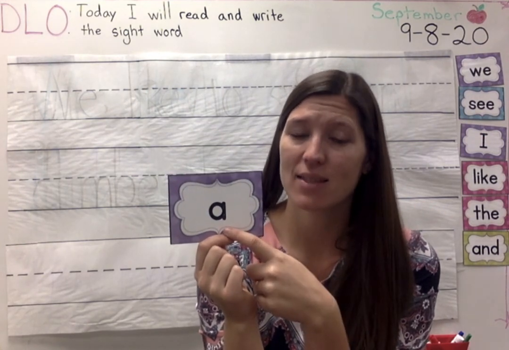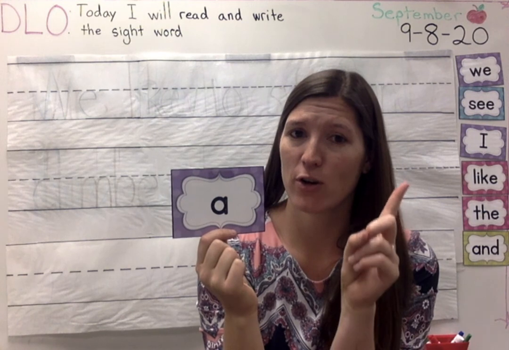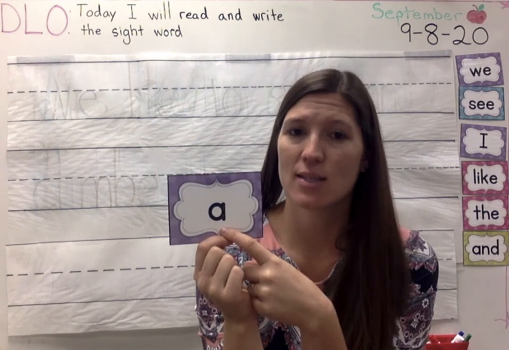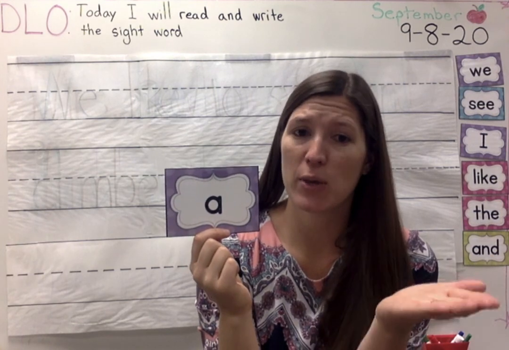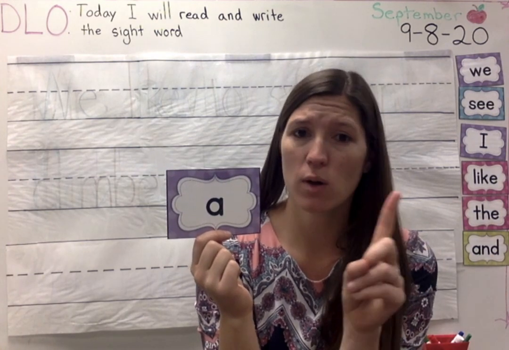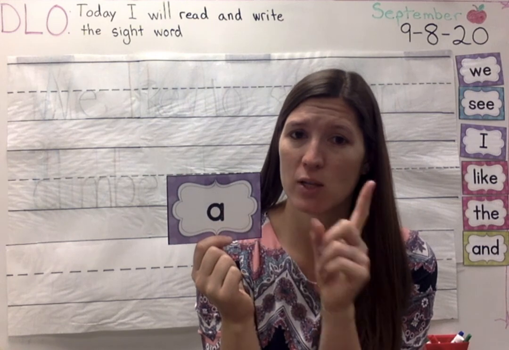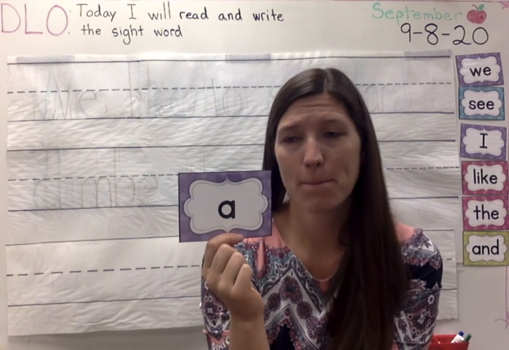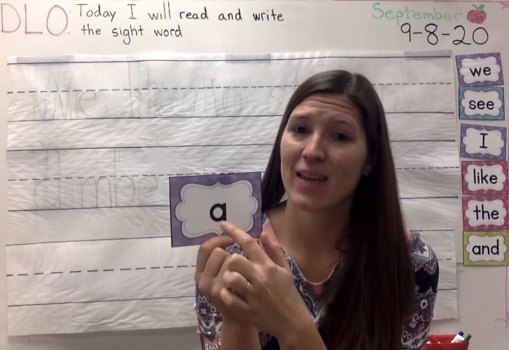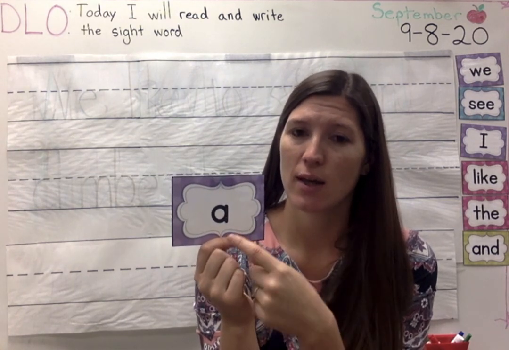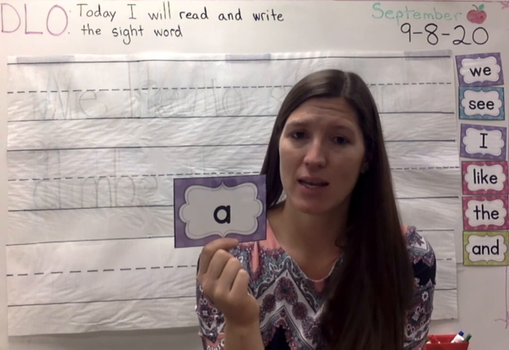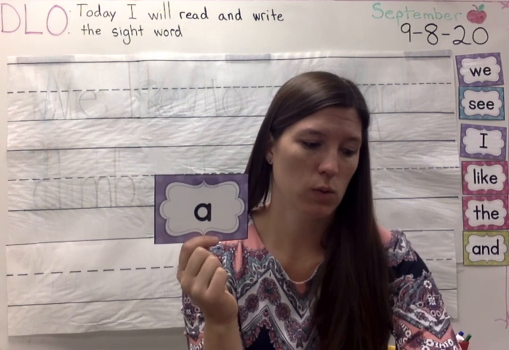Oh, A is a letter, the very first letter. A is a letter and it's a word too. I have a big piece of cake. Only one, for goodness sake. A means one. A means one. Oh, A is a letter, our very first letter. A is a letter and it's a word too.